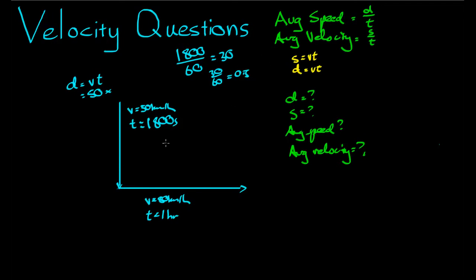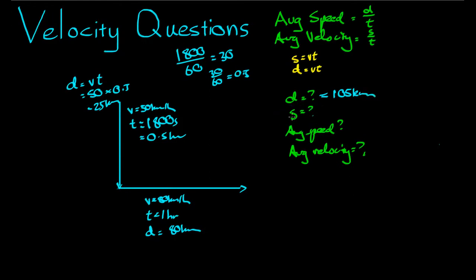So we have 0.5 hours. So T is equal to 0.5 hours. That's 50 kilometers per hour times 0.5 hours. Again, 25 kilometers. And that second leg we worked out before has a distance of 80 kilometers. So the total distance travelled hasn't changed. That would be 105 kilometers.